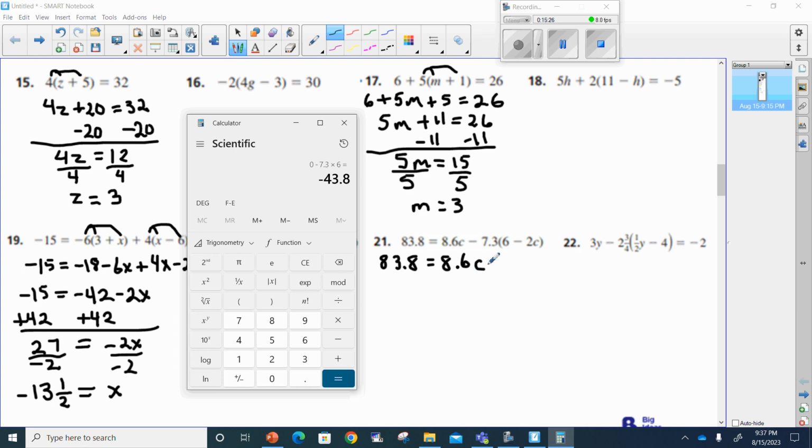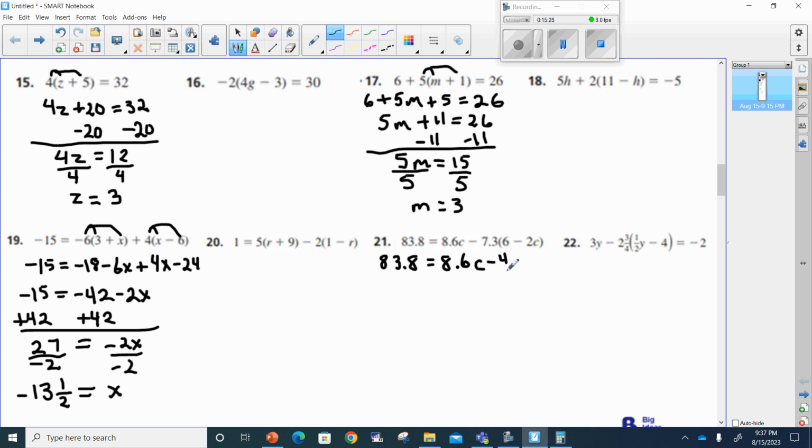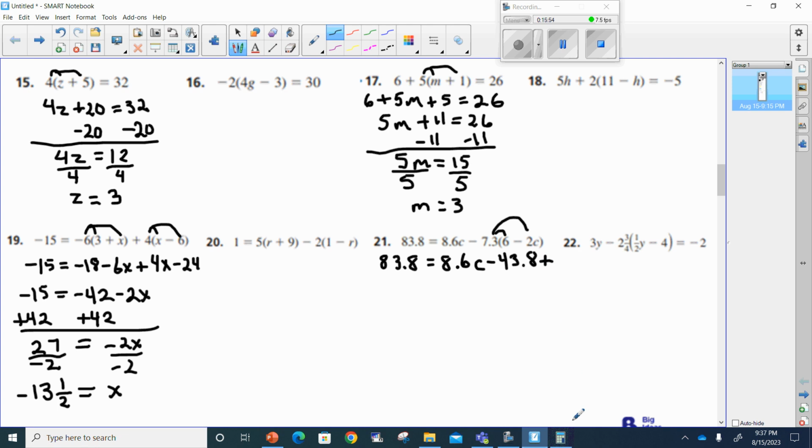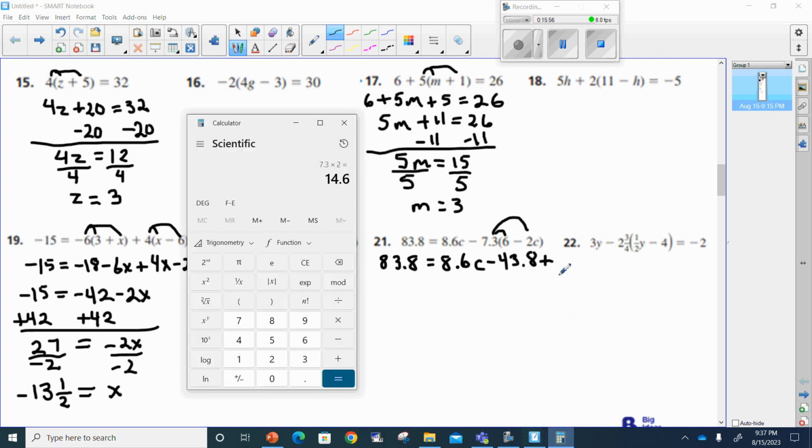So this would be negative 43.8. And then we have negative 7.3 times negative 2. Well, negative times a negative is a positive. So 7.3 times 2, that's going to be 14.6. And that's going to be a C. So this would be plus 14.6 C.